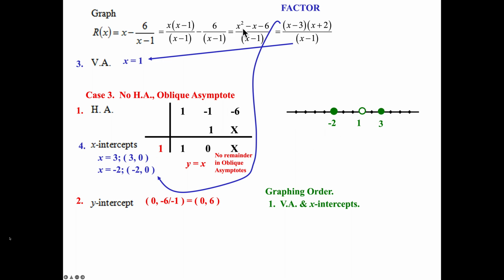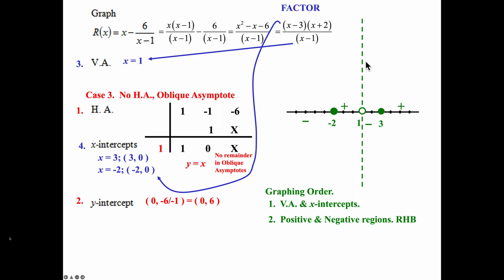Again, looking at your polynomial form, we have x squared over x. That's a positive x squared over a positive x. Right-hand behavior will be positive. And as I go to the left, from 3 down to 1, this will be a negative region. From 1 to -2, that will be a positive region. And everything to the left of -2 will be negative.